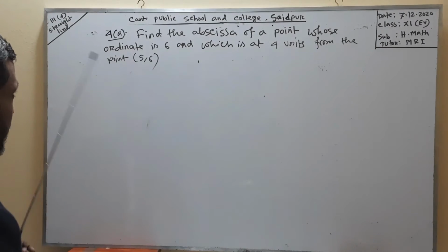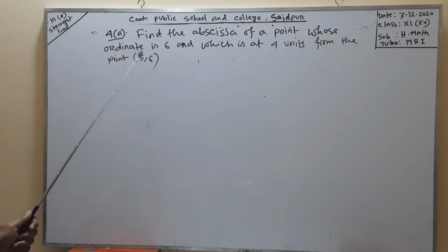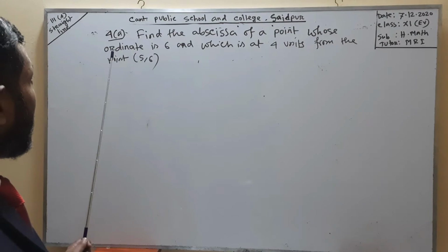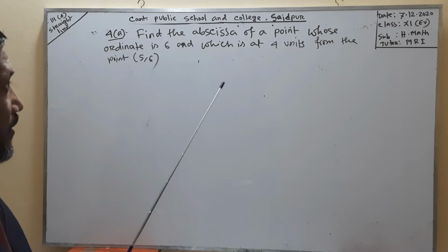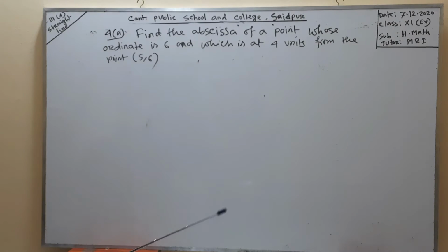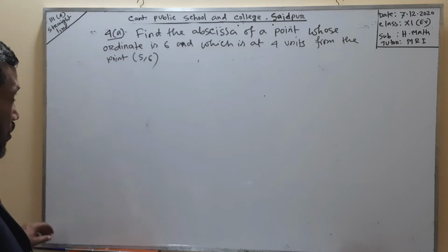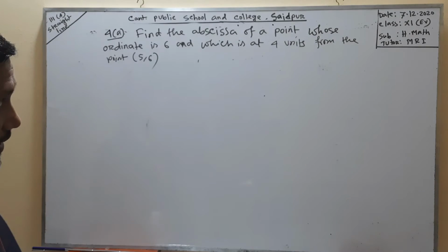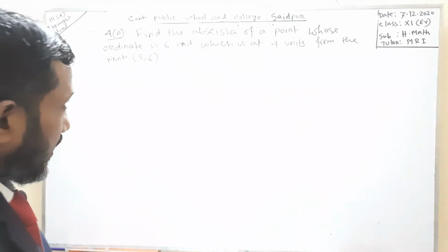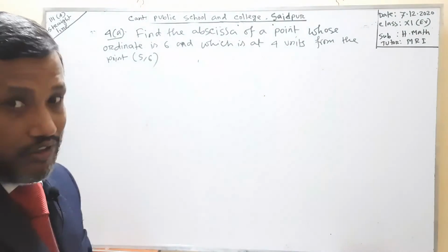I am reading this question again. Find the abscissa of a point whose ordinate is 6 and which is at 4 units from the point 5, 6. Here ordinate, that is y coordinate, and abscissa is x coordinate.